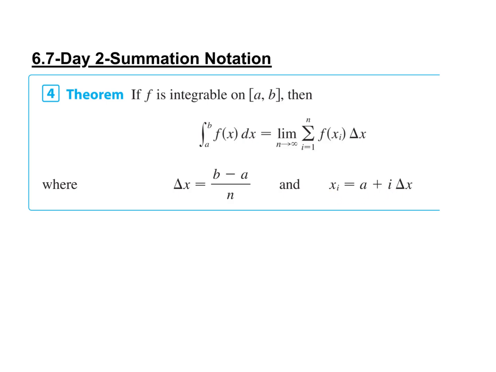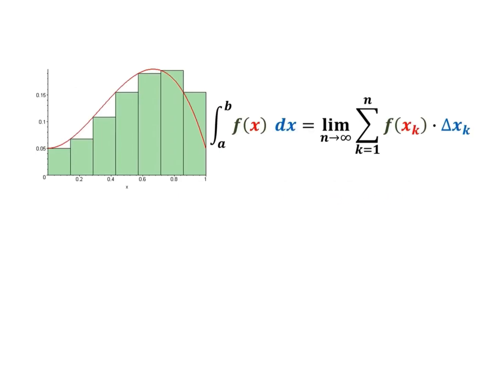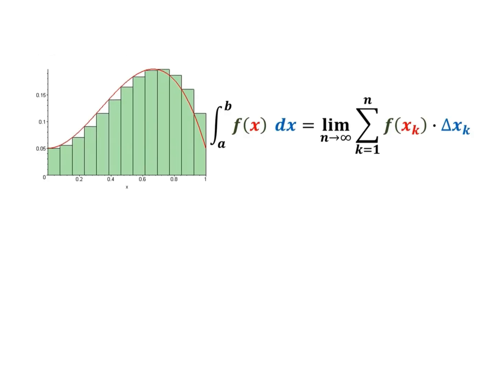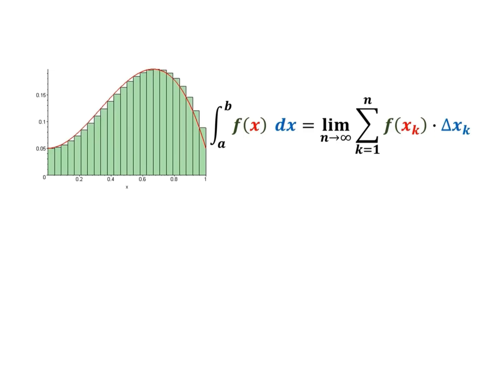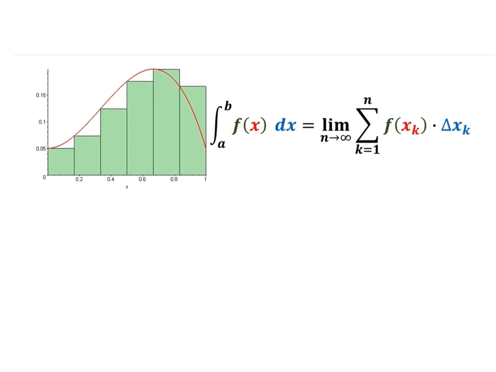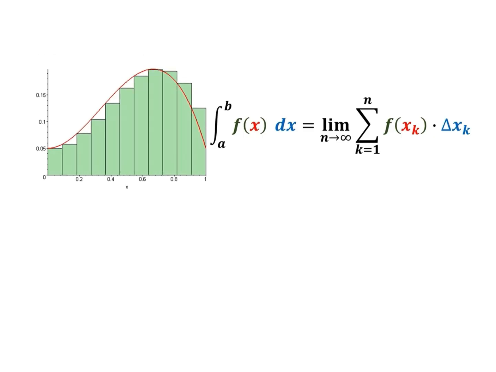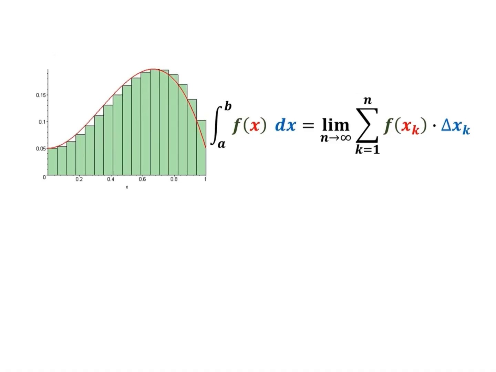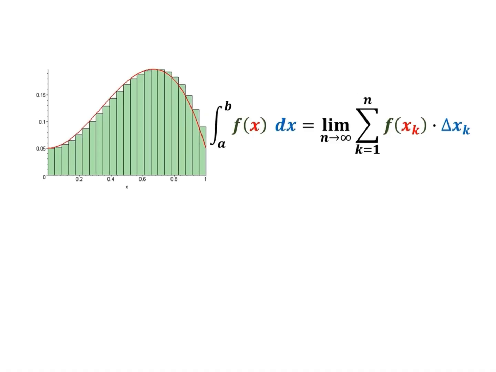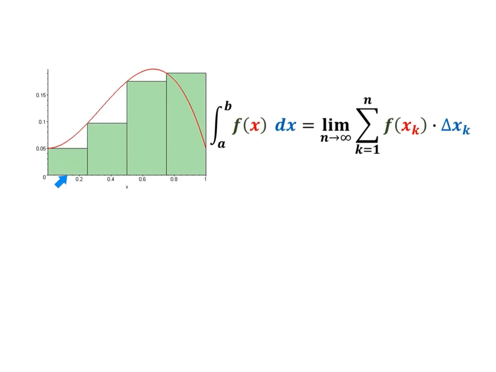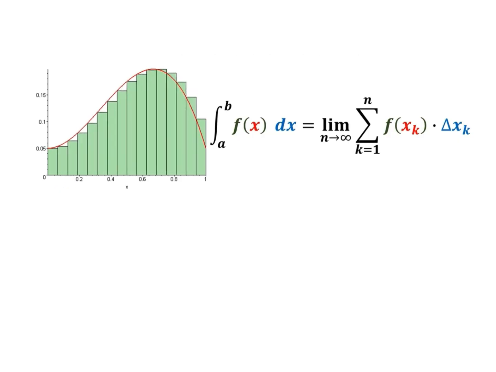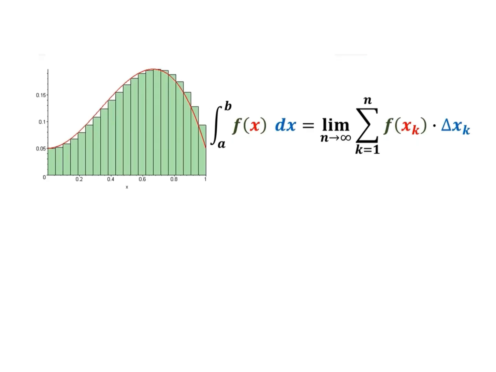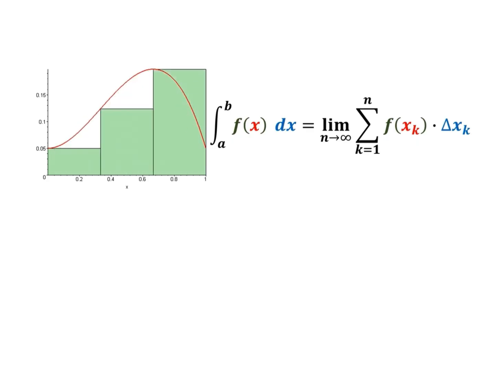So I want to break that down a little more to show you what's happening as the width of the rectangles gets smaller and smaller, and the number of rectangles gets bigger and bigger. We approach the actual area under the curve. And that's what this is all saying.